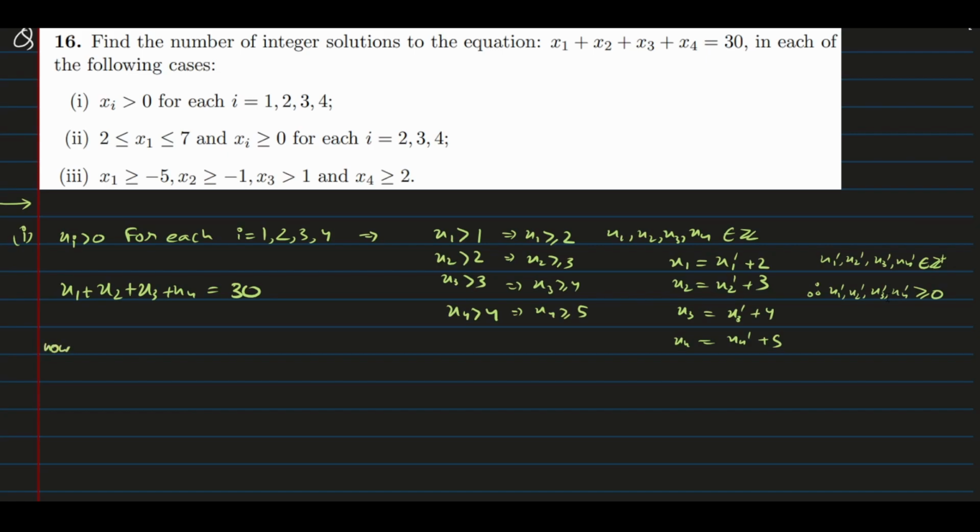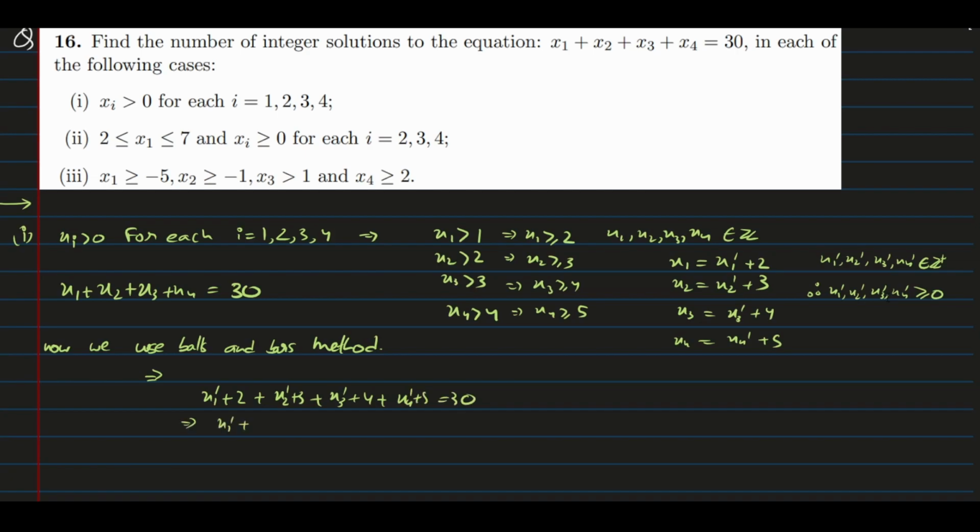Now we use the balls and bars method. That is, how many indistinct balls do we have? For that, we put x1 prime plus 2 in x1, x2 prime plus 3 in x2, and so on, and we modify this into x1 prime plus 2 plus x2 prime plus 3 plus x3 prime plus 4 plus x4 prime plus 5 equal to 30.